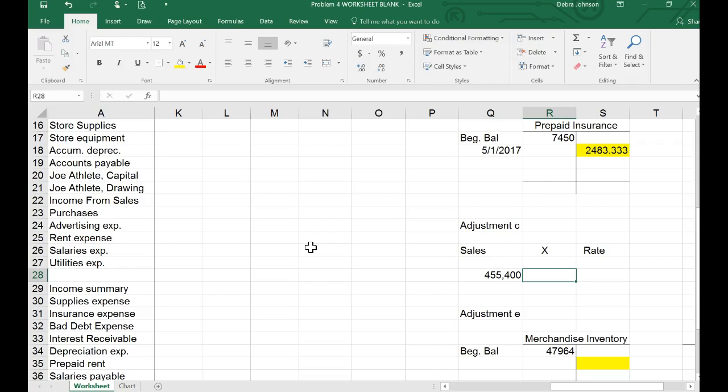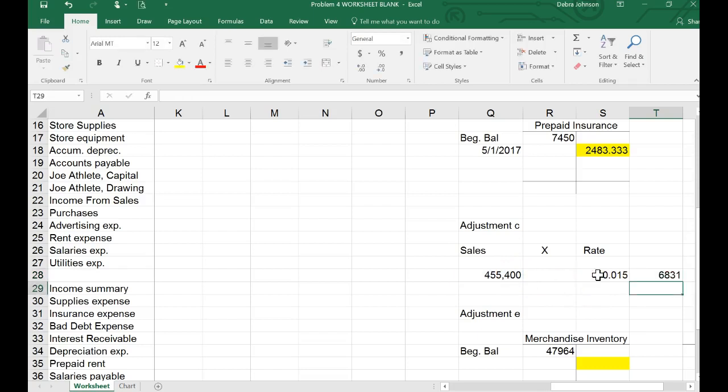So on the screen, you'll see the amount of sales that we had, and the rate of uncollectability that they provide is 1.5%. So I can enter it as 1.5%, or I can enter it as a decimal. And when you multiply the two of those together, the sales times the rate, you will get the bad debt adjustment.